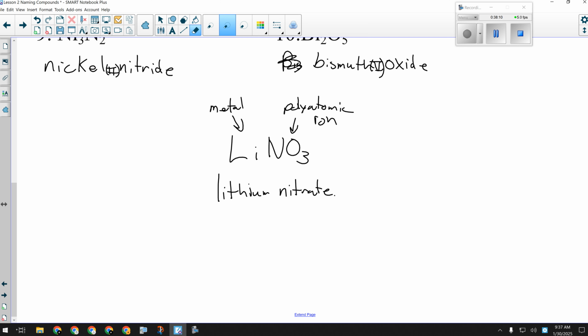That's why that stuff is called lithium nitrate. We didn't change it to lithium nitride because that's something else. That would be lithium with just nitrogen. So all you have to do if you see a compound like this, so it's got more than 2 atoms in it, is find the other part of it in this chart and just write the name out. Right, so what would you call this stuff?